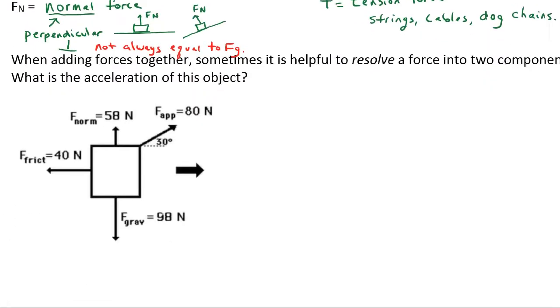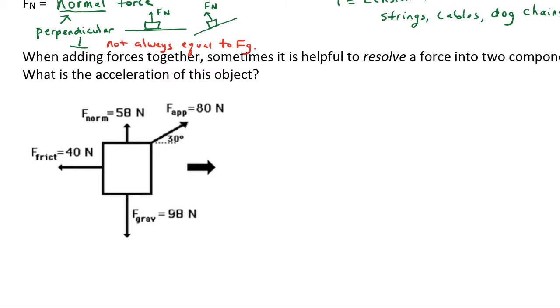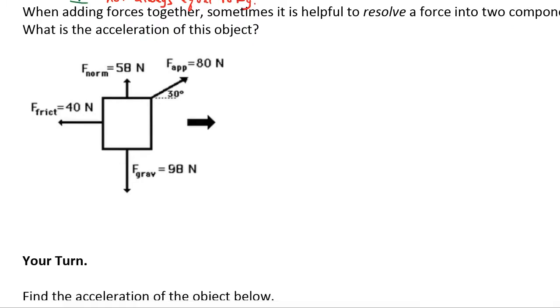It says, when adding forces together, sometimes it's helpful to resolve a force into two components. Here in this question it says, what is the acceleration of this object? Well, to figure out the acceleration, we know that F net is equal to ma. So quite often I'm going to start off by saying then a is equal to F net divided by m.